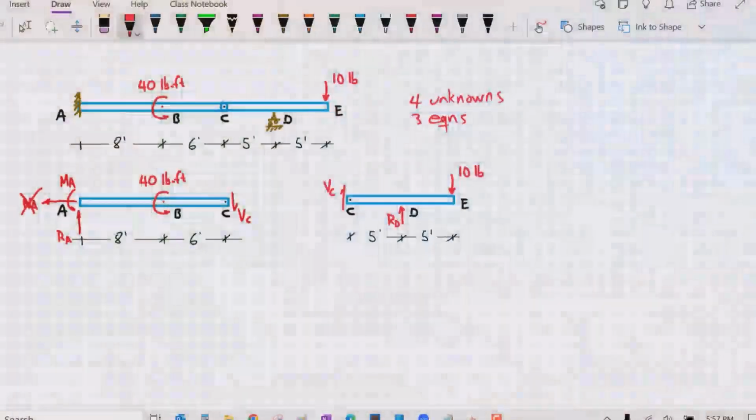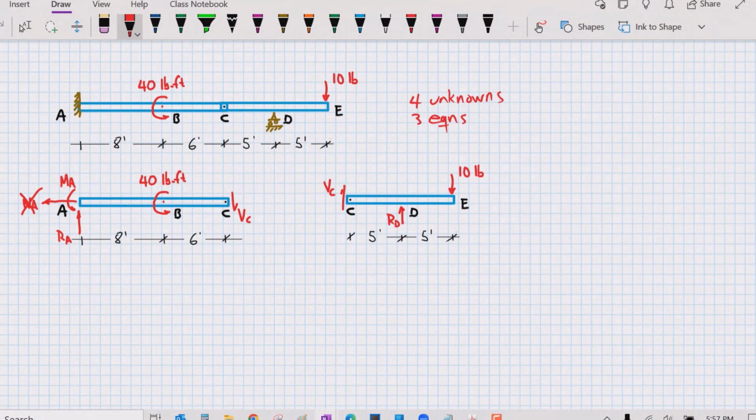So let's do it. So you might call this free body diagram of CTE. Summation of moments at C equals to 0, positive like this.